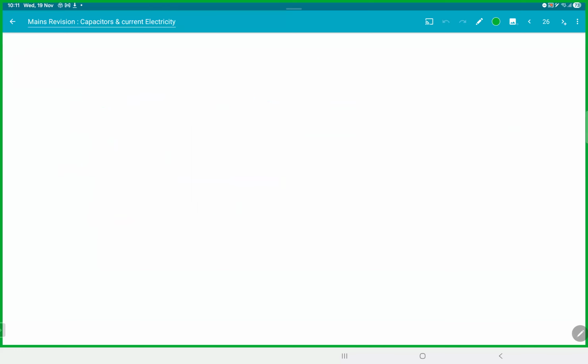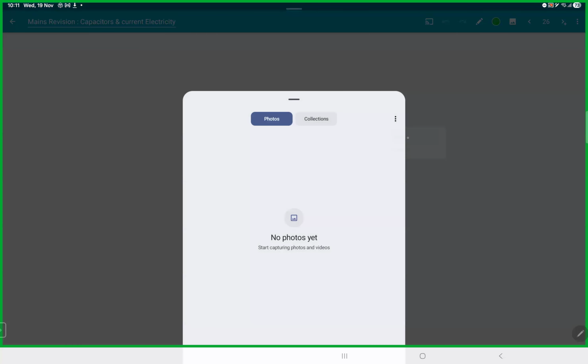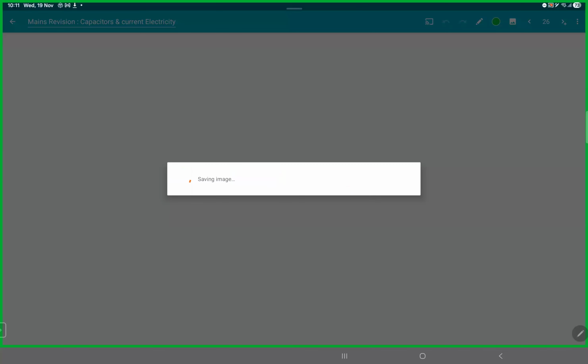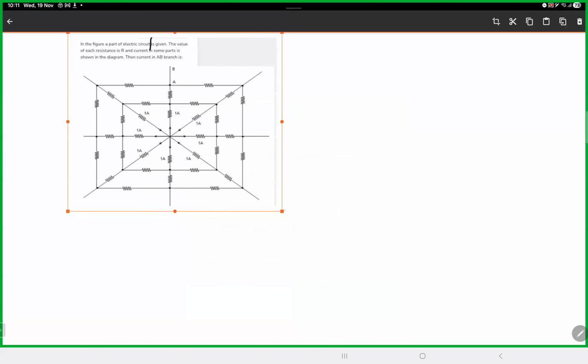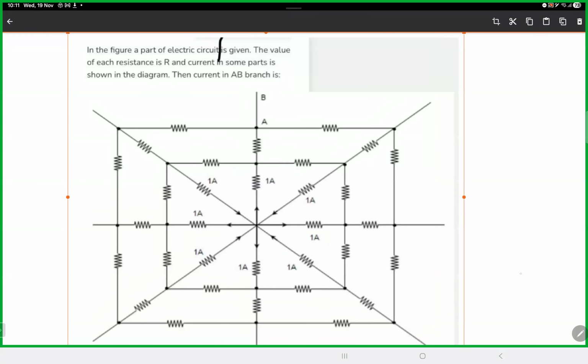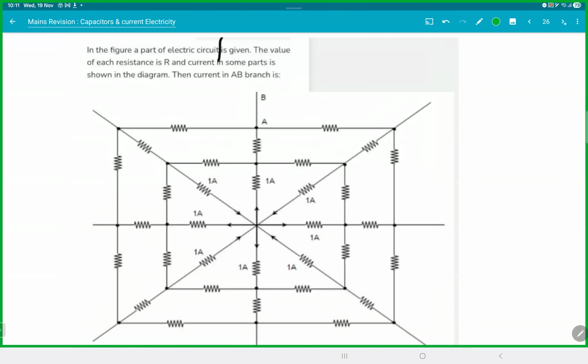So if you remember, there was one very nice question we did in current. Anyone remembers? This was a very good one. So the middle branches have current 1 ampere.